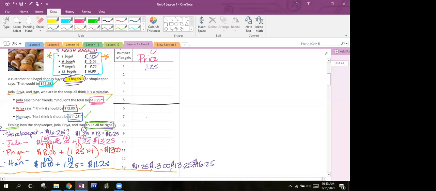No, not $3. One bagel's $1.25, so two bagels would be what? No, never mind. I can't do math right now. $2.50. You're just going to add $1.25 to it.